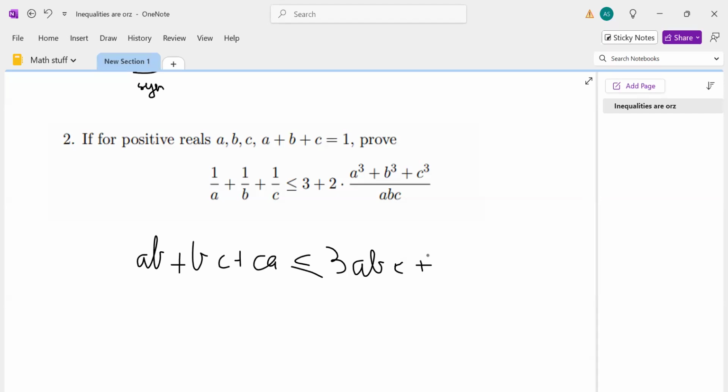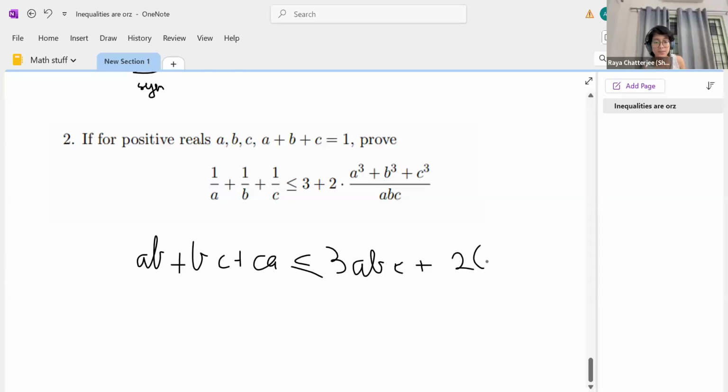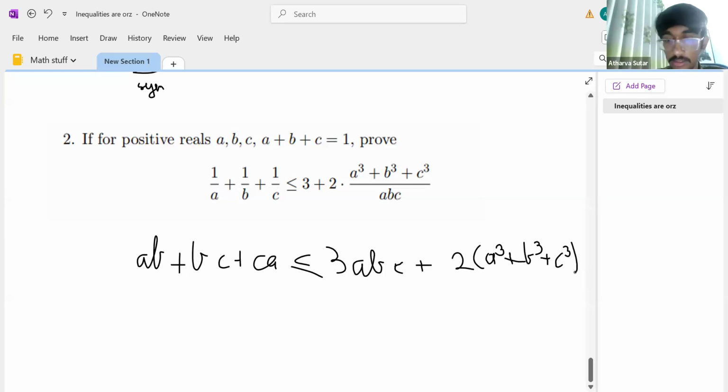Does that work? I'll get back to that after this method. I think the idea is after multiplying by ABC on both sides, the degree of the left hand side is 2 and the right hand side is 3. So we'll multiply A plus B plus C on the left hand side to equalize the degree. Yeah, that is the solution.